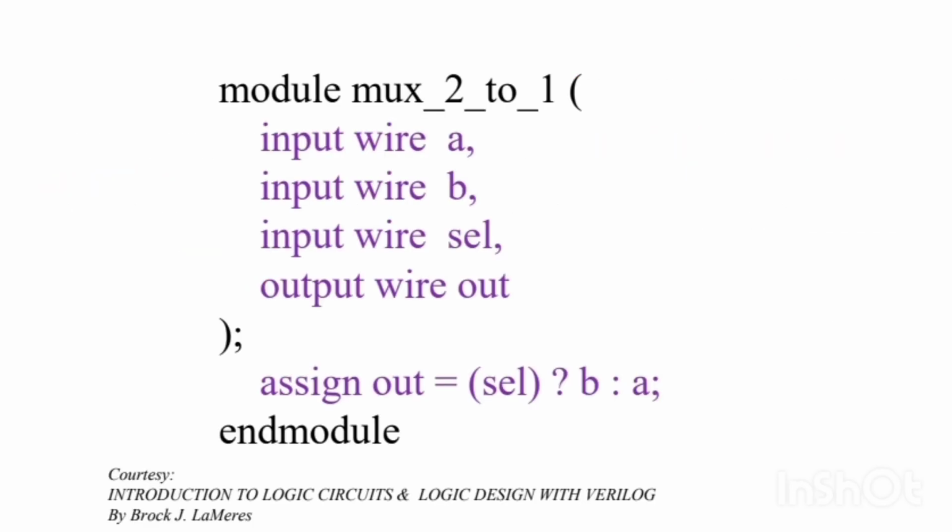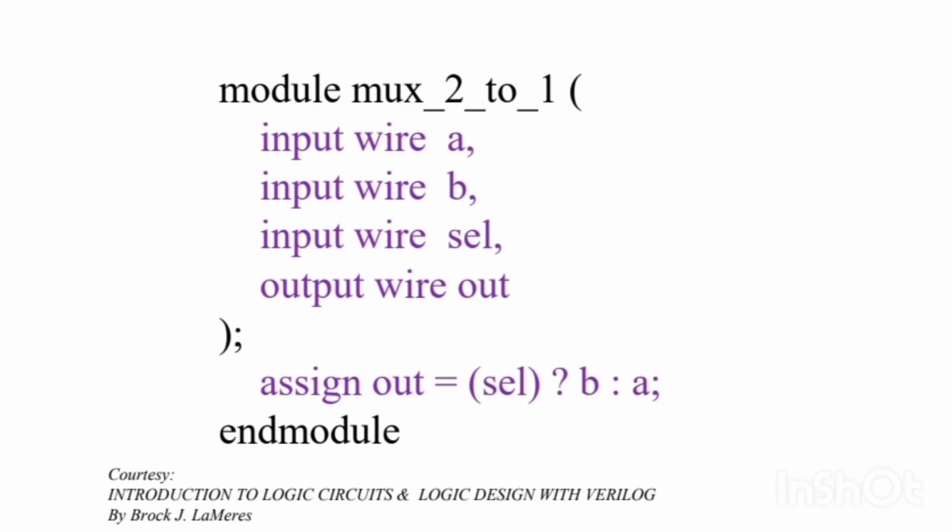Here is a very simple example for a multiplexer. 2 to 1 multiplexer, and input wires are A and B over there. They are declared in the port declaration, and an input wire again for the select line. Based on the value of the select input, one among the two, A or B, will be selected at the output. So the output is declared as wire out.